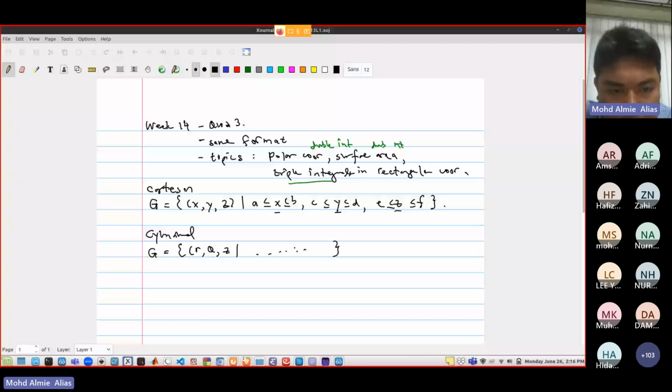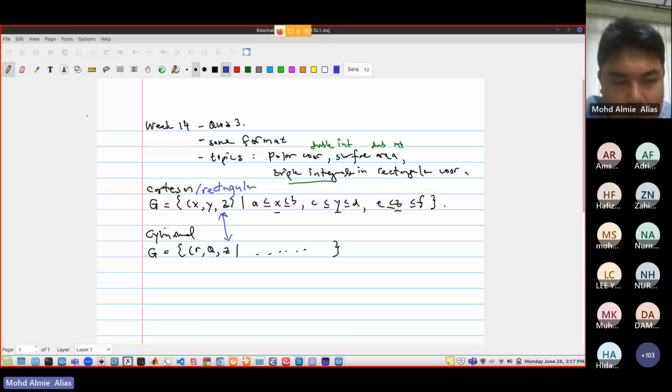And this Z is actually the same Z. Okay, if you have Z in your Cartesian coordinate or rectangular coordinate, then that same Z value or function of Z can be used for the cylindrical coordinate. Okay, so the difference is that you have X and Y in Cartesian or rectangular coordinate, but now you have r and theta in cylindrical coordinate.